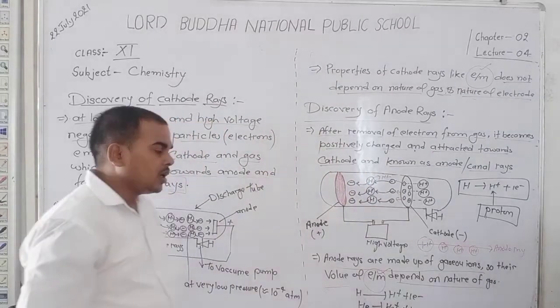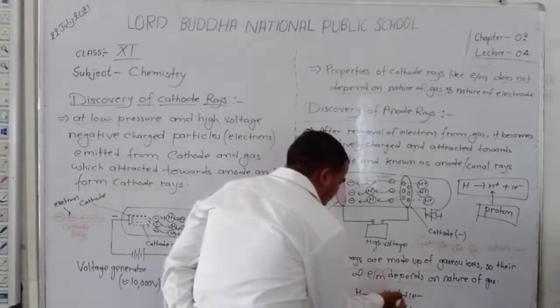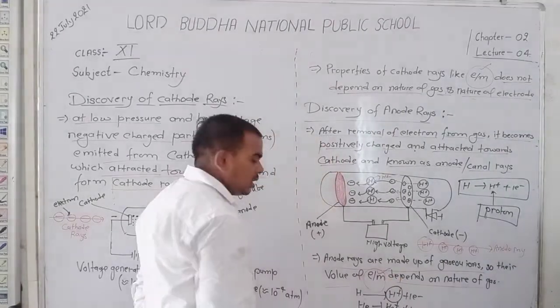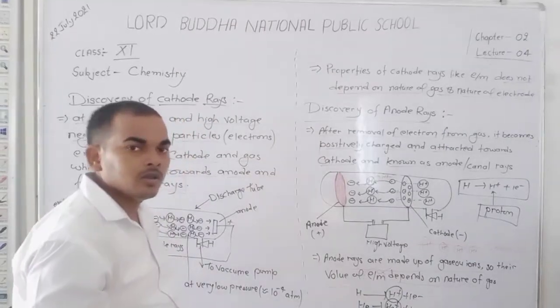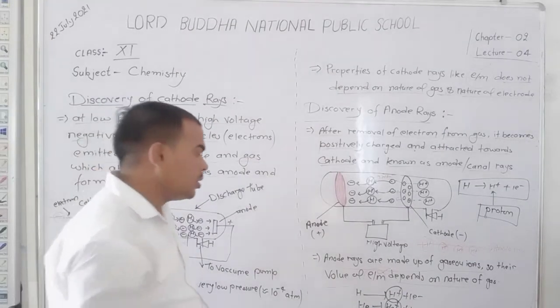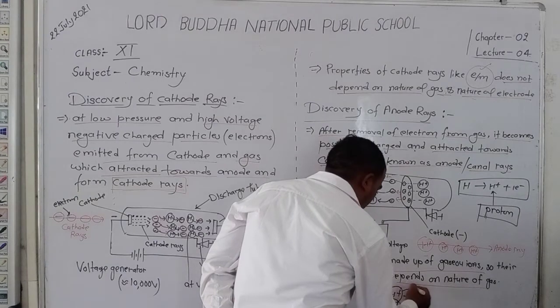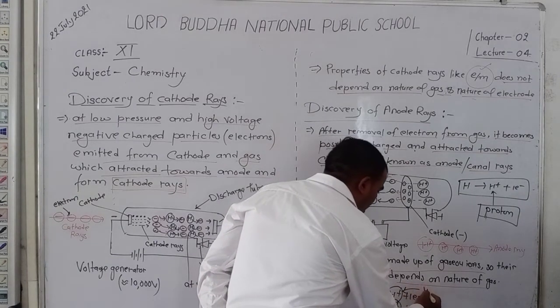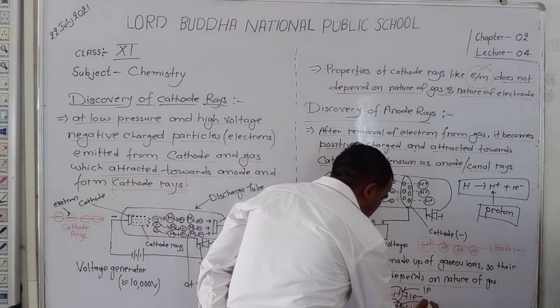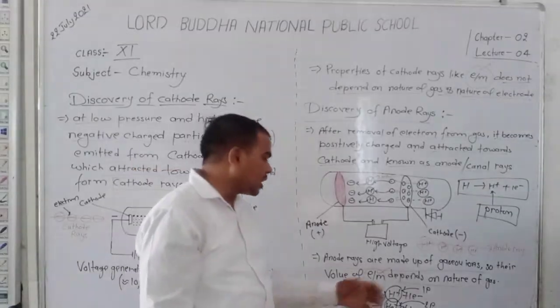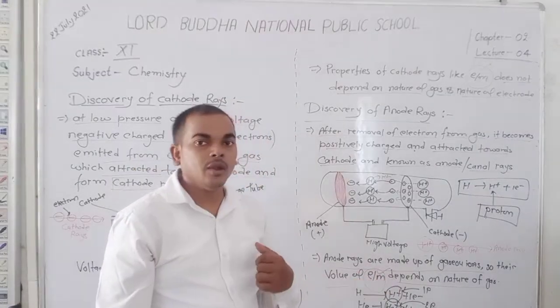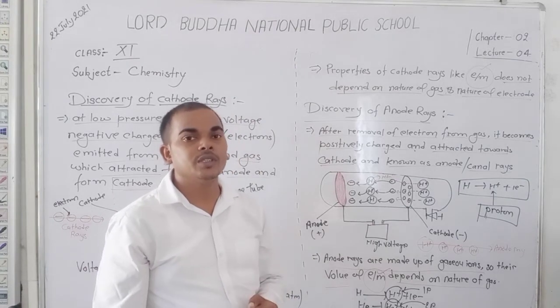Dear student, here we obtain H+, that is hydrogen ion, but here we obtain helium ions. Hydrogen ion has one proton, but helium ion has two protons. Here the number of protons is different in every different species.